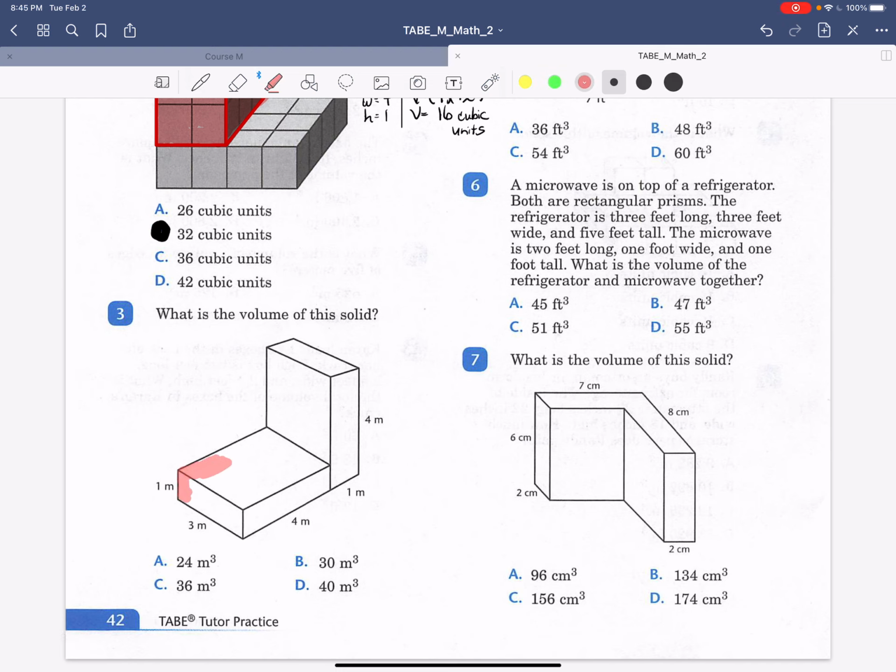So the volume of this part, remember length, width, and height, is 4, 3, and 1. So that is 12 cubic meters. And then the volume of this other one, we have length, width, and height.